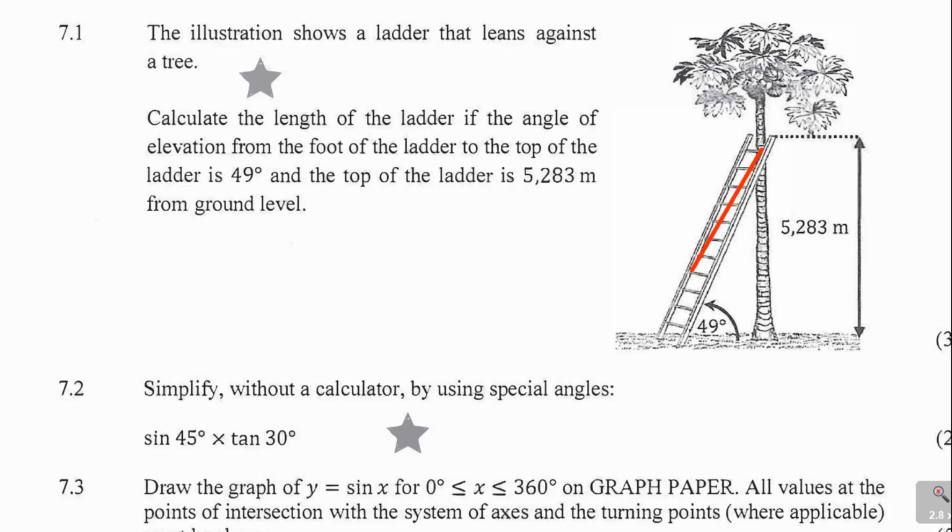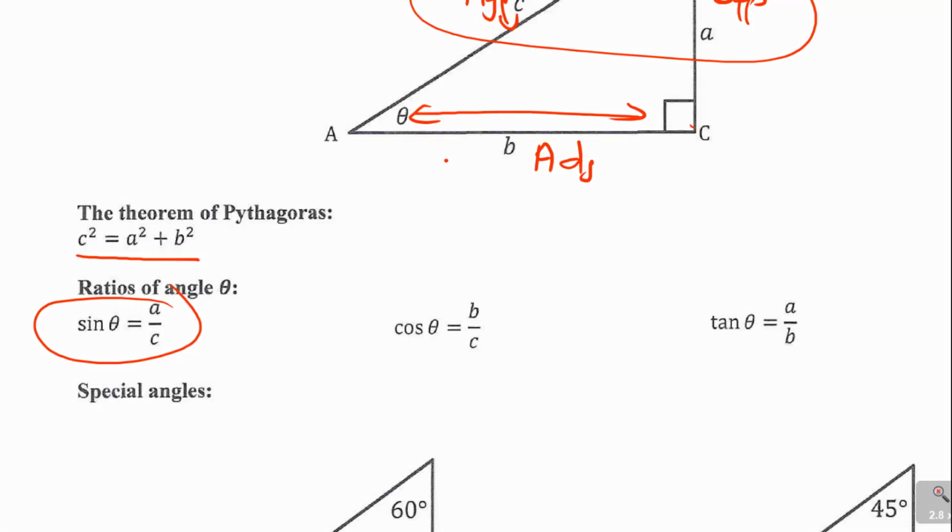There was the length of this ladder and they have given us the height of the tree. And then they are telling us that that angle is that. Do you see that we have already come up with a triangle? There is a 90 degrees there. You can match it to this triangle. Let me show you.